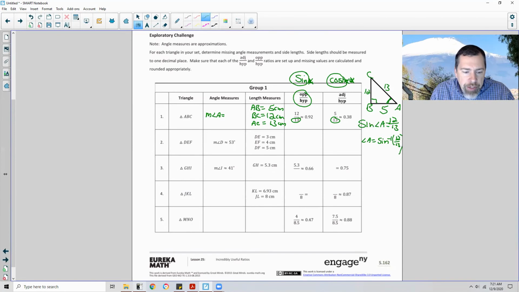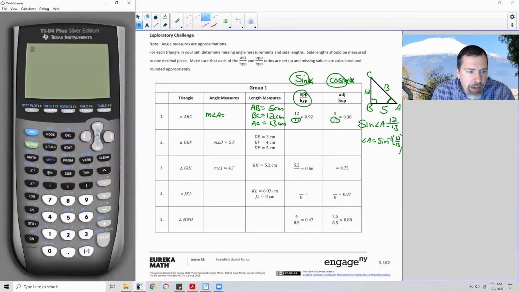Okay, so when I go to my calculator, the sine button is right here, and if you look right there in blue, it says sine to the -1. Well, anything in blue in the calculator tells you to use this blue second button. So I hit second, and I hit the sine button to get sine inverse, and then you put your fraction in there. 12 divided by 13. There's my fraction.